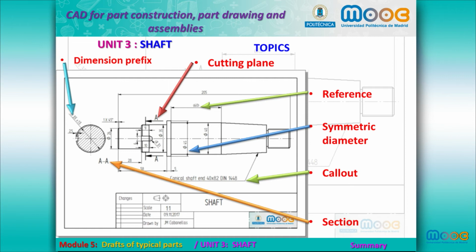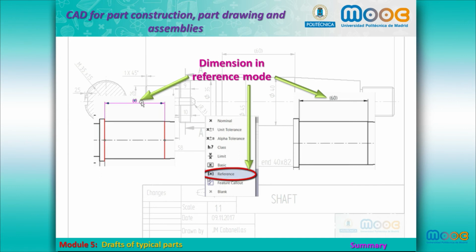In Unit 3, we made the drawing of the shaft. We changed the representation of the dimension, in this case in reference mode, between brackets or parentheses.